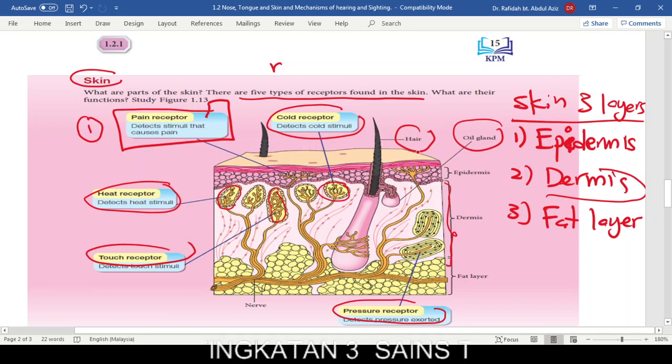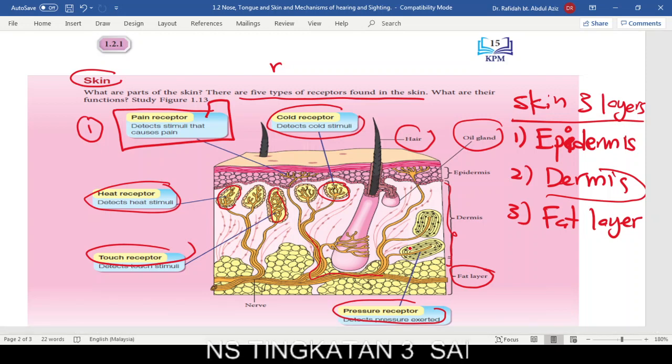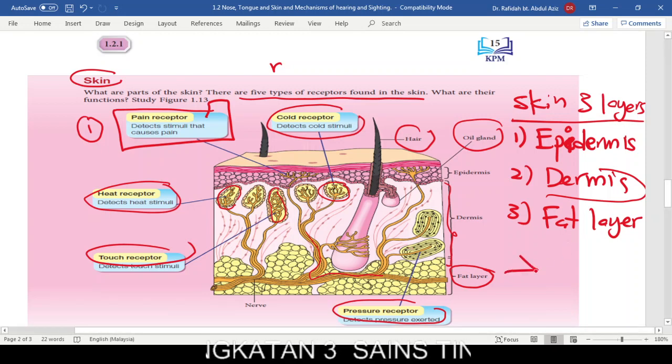So here are the positions and locations of the 5 receptors that you must know. For the fat layer, this is the fat layer. These receptors are connected to the nerve, so when they detect any stimuli, they produce impulses that are sent to the brain to be interpreted.